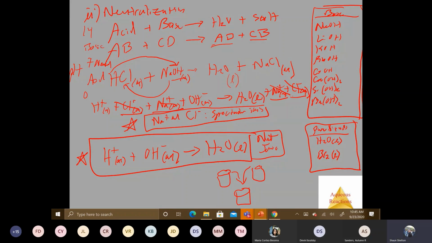So what happens is you take your sodium hydroxide, which is a basic compound, you react it with your HCl, and then they end up meeting in the middle at a pH of 7, because the pH of pure water is right at 7. That's why we call it neutralization, because you're neutralizing the acid and the base at the same time. Any questions on that?